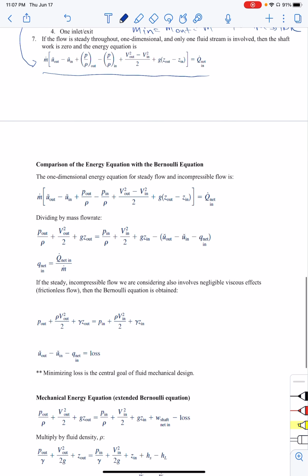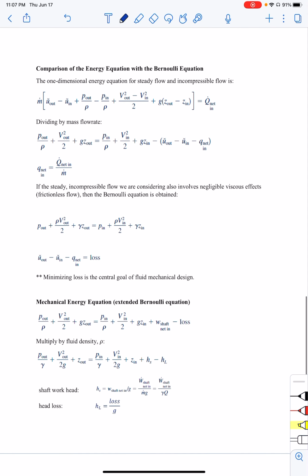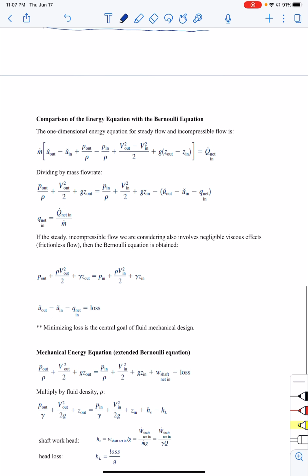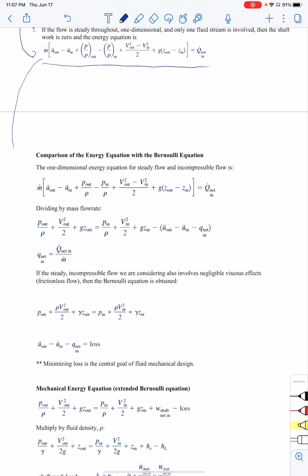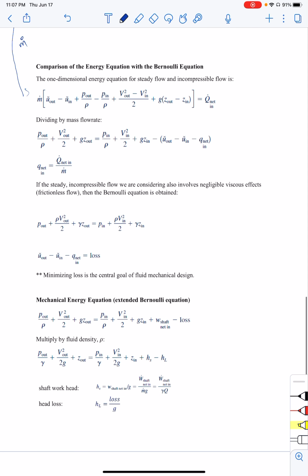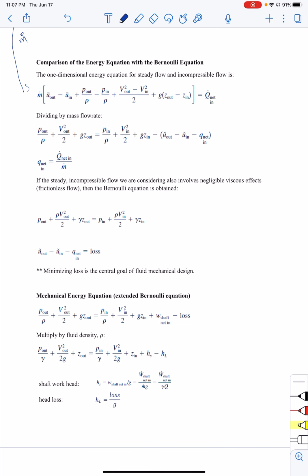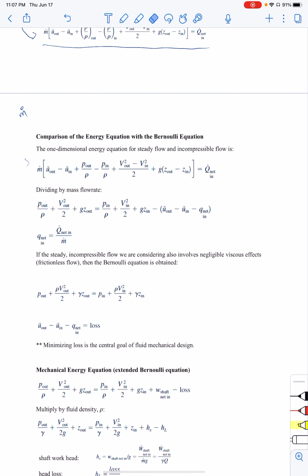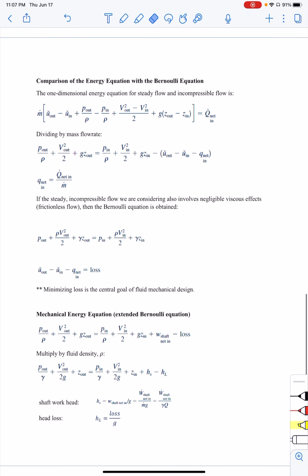So let's go to the next topic, where we want to compare the energy equation with the Bernoulli equation. Now let's divide this equation right here by mass flow rate. I'm sorry, not this by that, I mean this equation.